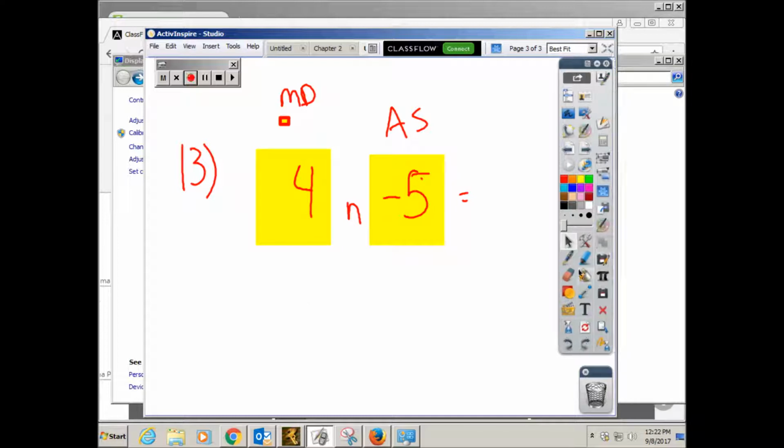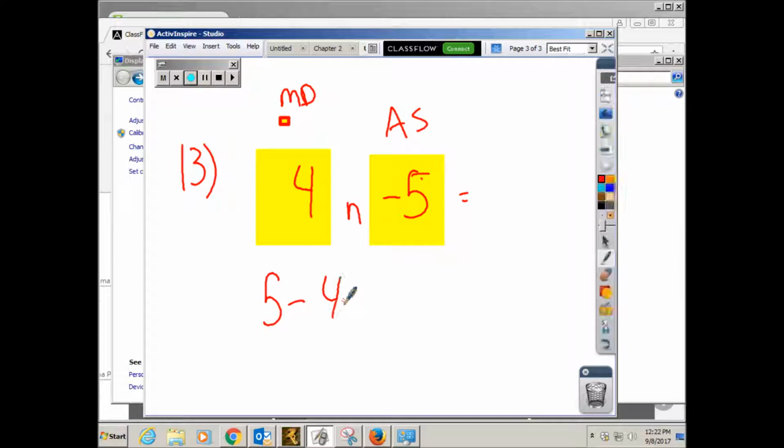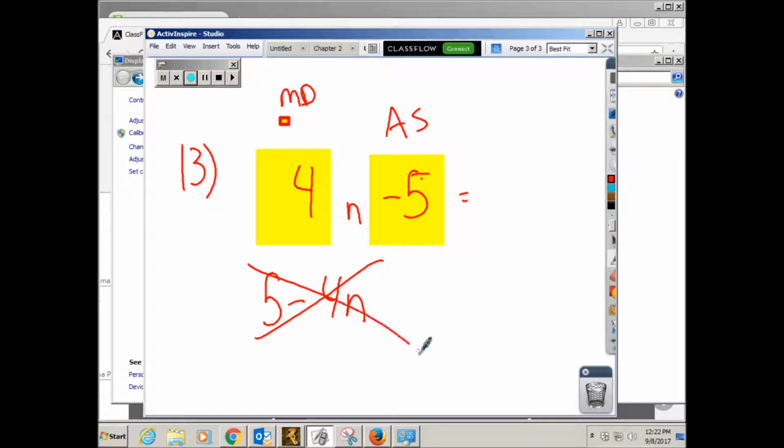So ask and get the help, and then somebody might watch the video and they might get the help. It's not -4, it's 5 less than. If you put the subtraction and addition always second, you'll not mess up that sign. A lot of kids do 5 less than. That's not right.